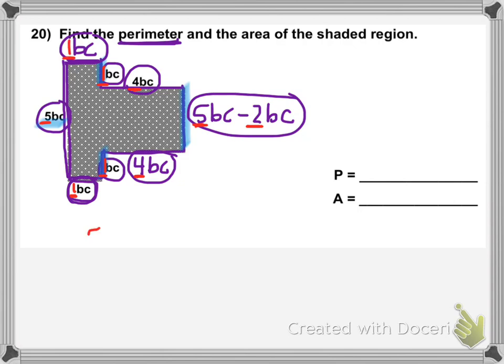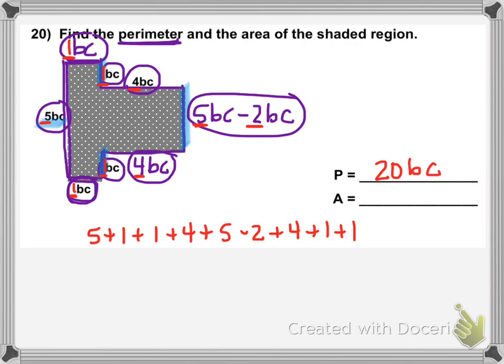So we're adding 5 plus 1 plus 1 plus 4 plus 5 minus 2 plus 4 plus 1 plus 1. If we add all that, we should get 20BC. Okay, you see how that works?